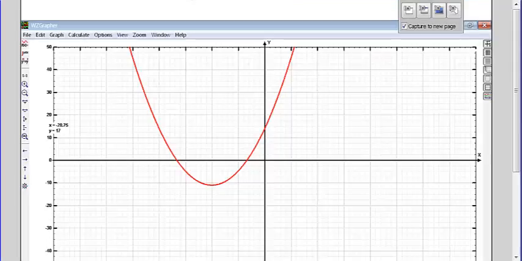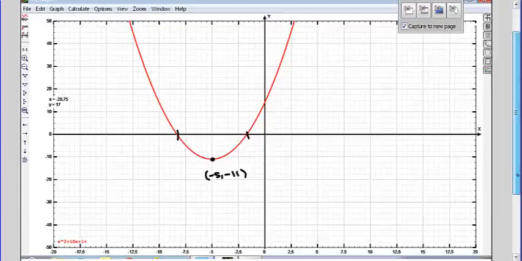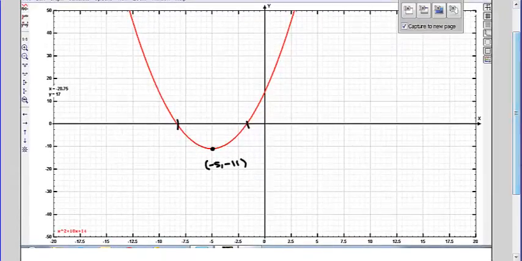So our vertex is right here. It has coordinates of negative 5, negative 11. Here's the two x-intercepts, 8 point something. Let's go down and look at the scale here. So the line of symmetry would be the line x equals negative 5.